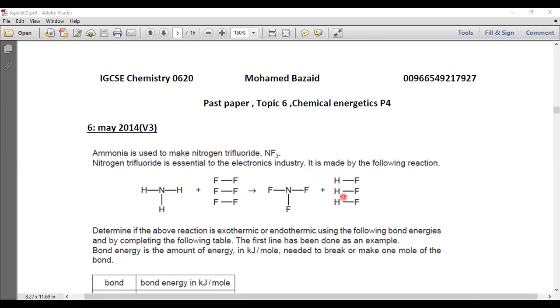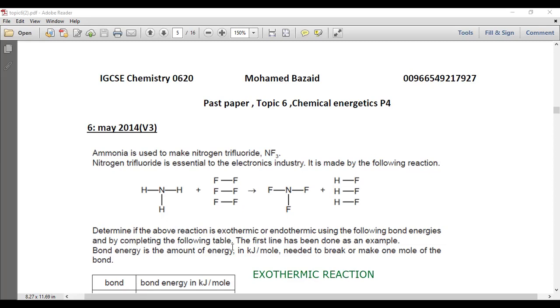We said this reaction is exo or endo? Exothermic reaction. Sometimes the examiner asks me about something called an energy level diagram.